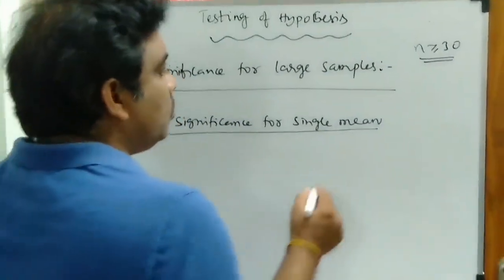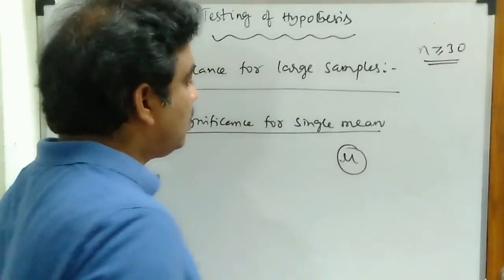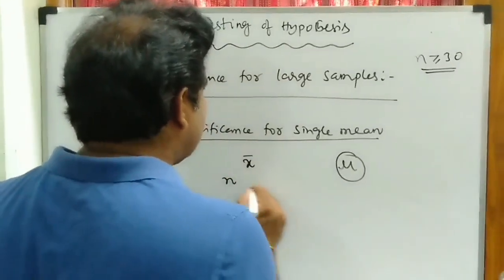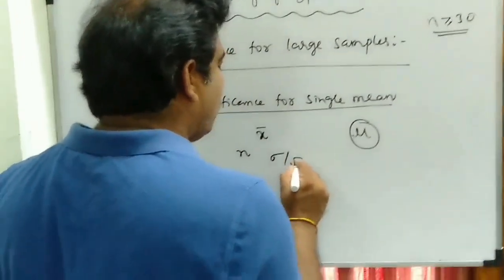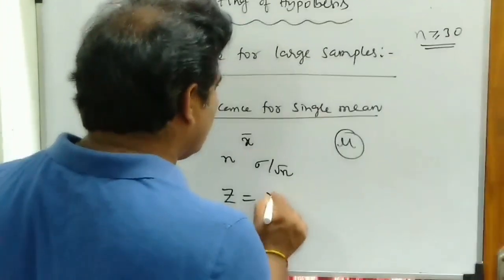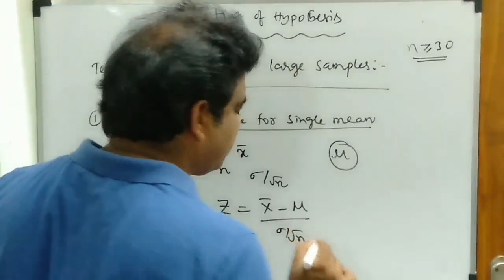Suppose you want to test the population mean mu using the sample information x bar and sample size n, and sigma by root n is the standard error. We use the statistic z is equal to x bar minus mu by sigma by root n.